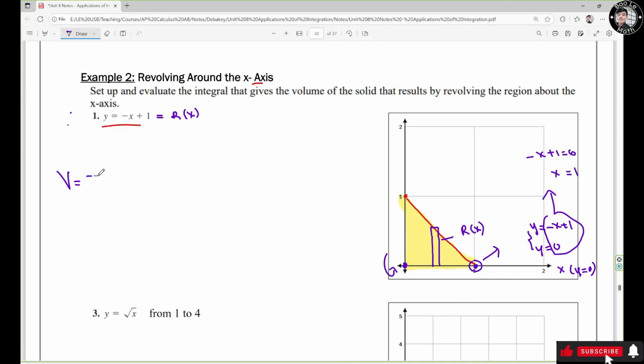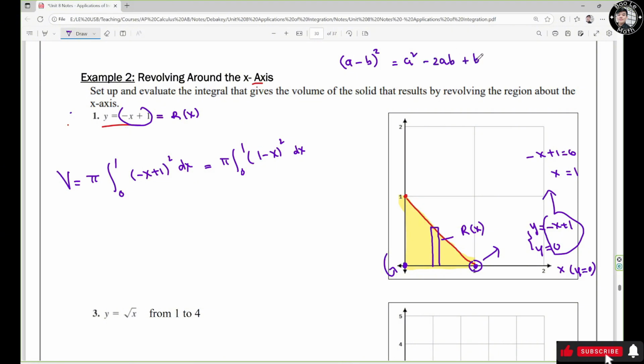So the volume is pi, the integral from 0 to 1 of this one squared, and dx, which is the height. Now I just rewrite this a little bit. It's going to be pi, the integral from 0 to 1 of (1 minus x) squared dx. Then I'm going to use the perfect square formula: (a minus b) squared equals a squared minus 2ab plus b squared.